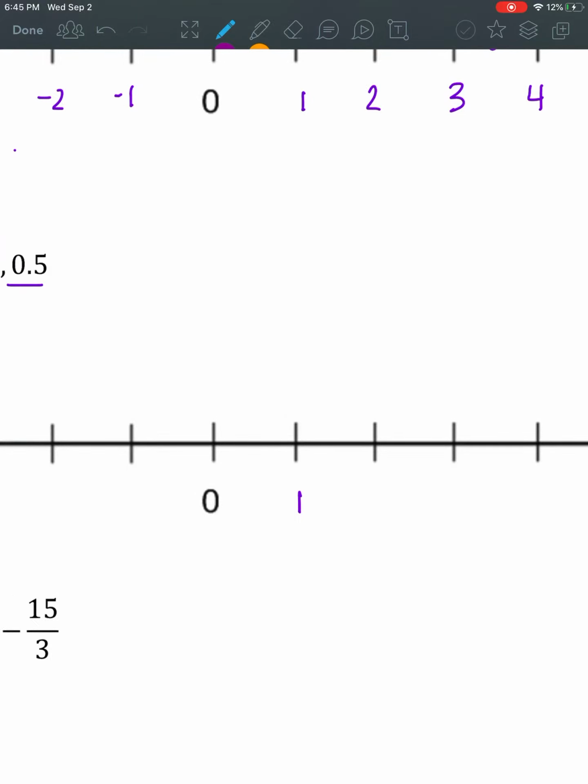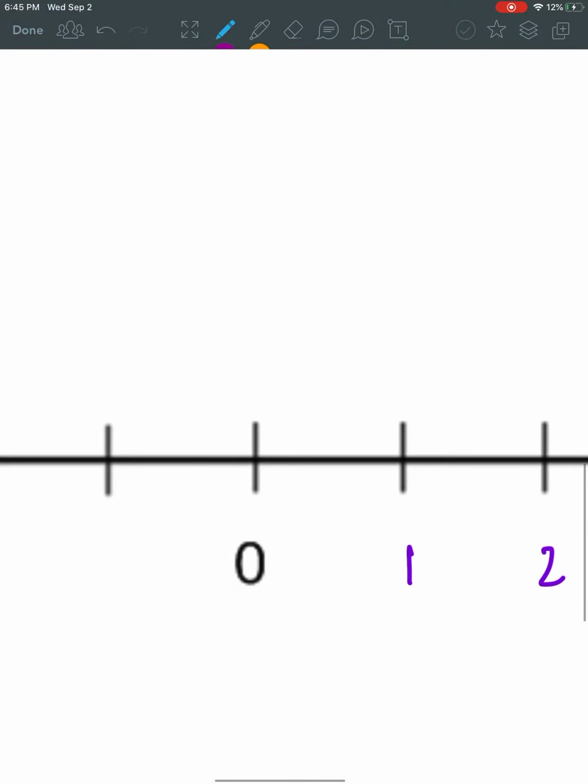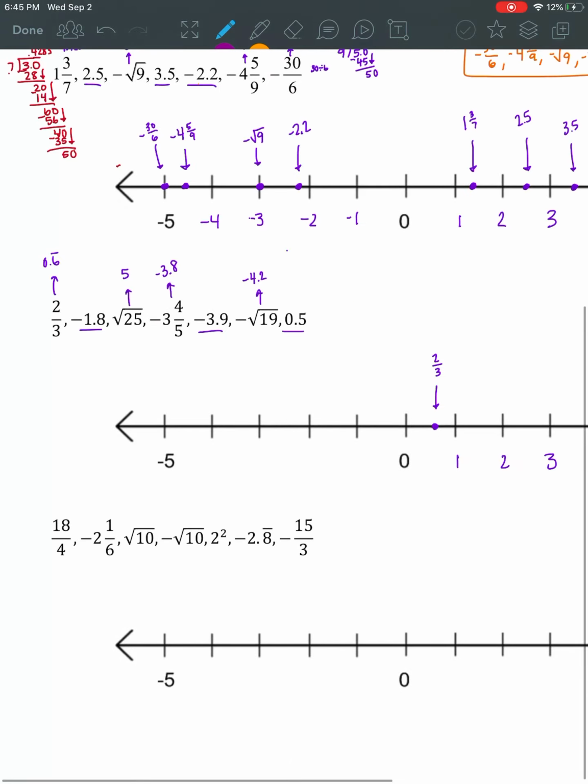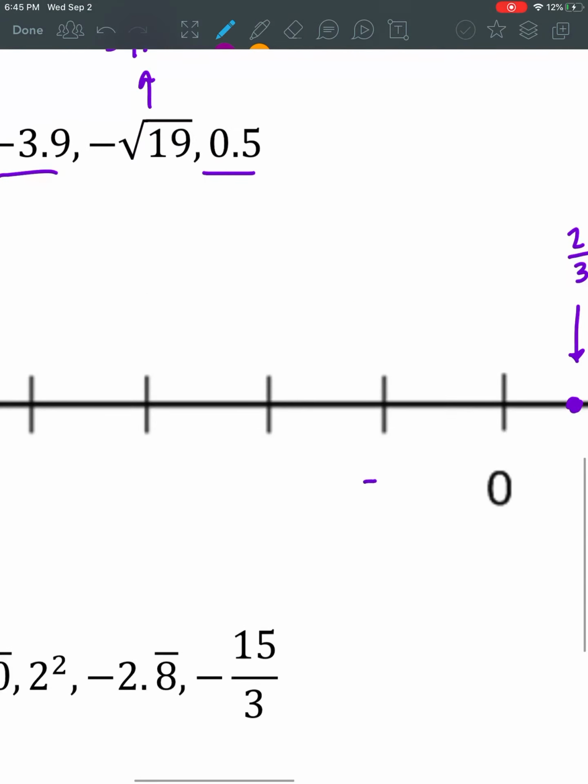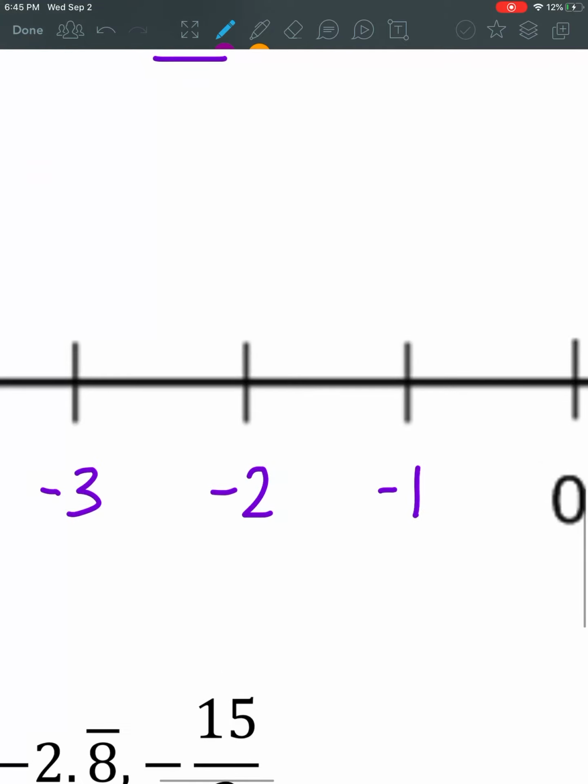So let's order all these. 2/3, 0.6 repeating. Again, I am going to number my number line. So 0.6 is about in the middle of 0 and 1 and a little to the right of the middle. So this is 2/3. All right, next one, negative 1.8. Again, I'm going to number all of my negatives.